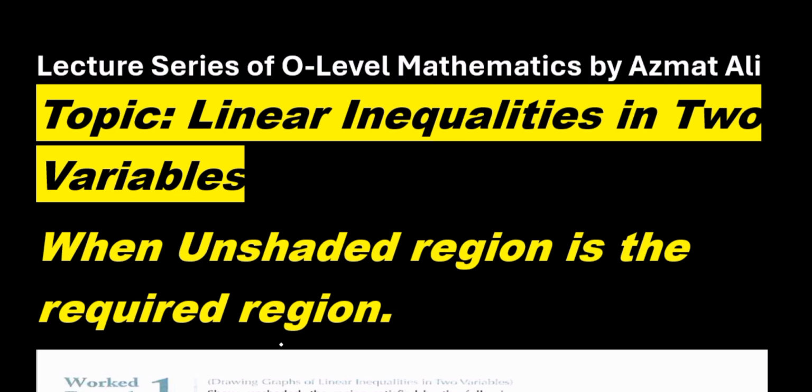In that lecture, I discussed how to shade a given linear inequality. In our previous lecture, we shaded the region that satisfies the given inequalities. The shaded region represented the solution set or solution region.